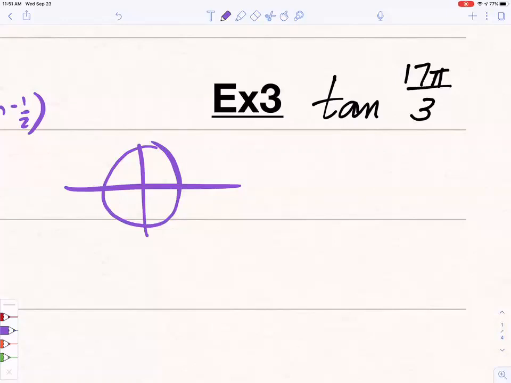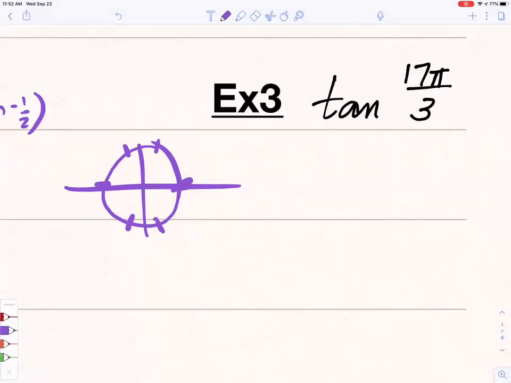You can just watch, because I'm going to show you an easier way. Here's my 1 pi over 3, 2 pi over 3, 3 pi over 3, 4 pi over 3, 5 pi over 3, 6 pi over 3, right? And I could keep on counting. So here I'm at 6, 7, 8, 9, 10, 11, 12, 13, 14, 15, 16, 17. So I know that 17 pi over 3 is coterminal to 5 pi over 3.